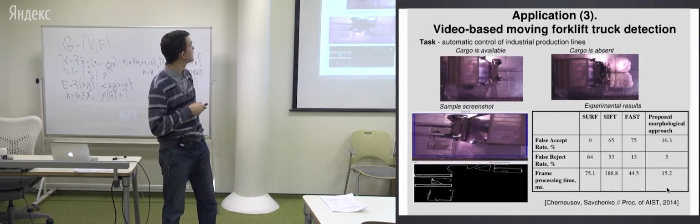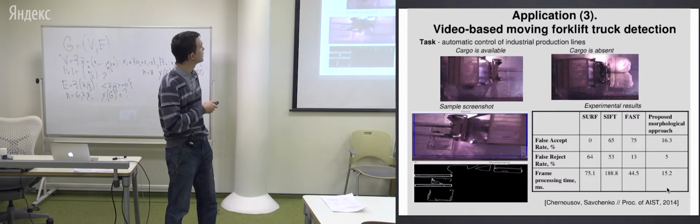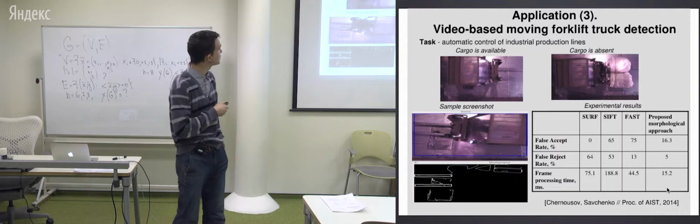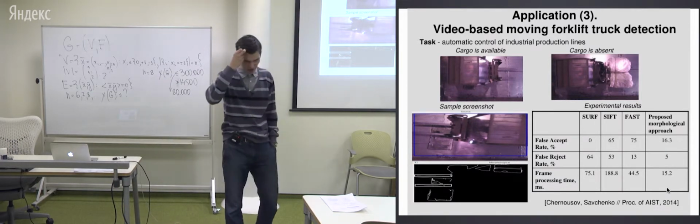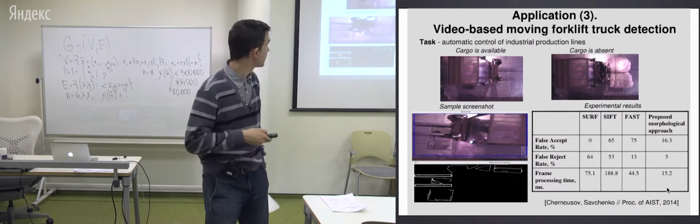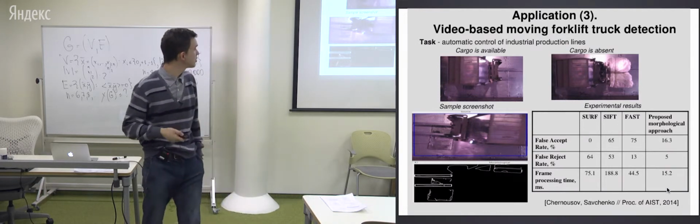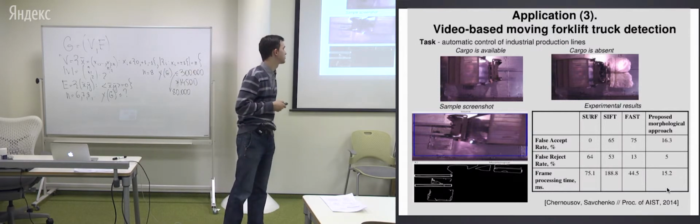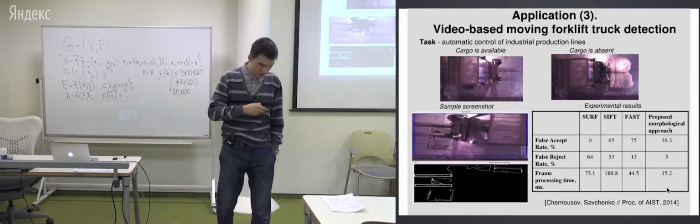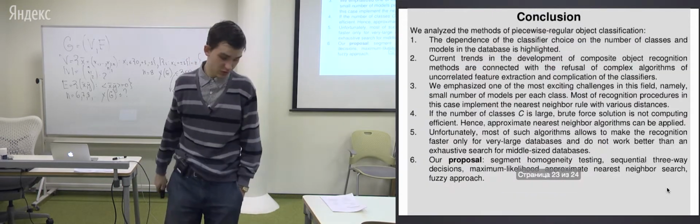Here is the cargo, and here there is none, so we missed it. We use some mathematical morphology and implemented an image processing application, and showed that it's quite good and the performance is also appropriate for practical applications.